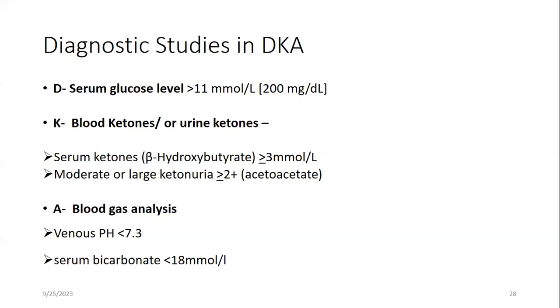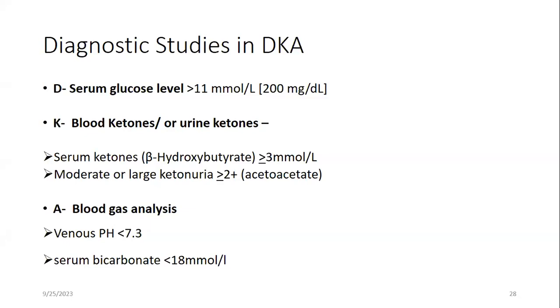Moderate or large ketonuria, so if you have more than or equal to 2+ on urine dipstick, then think of possible diabetic ketoacidosis. Then you do a blood gas analysis: venous pH of less than 7.3 with a serum bicarbonate of less than 18 millimoles per liter.